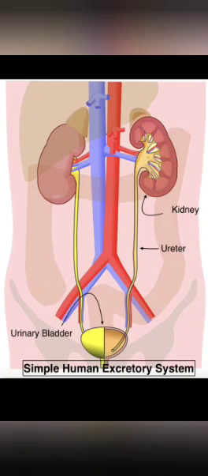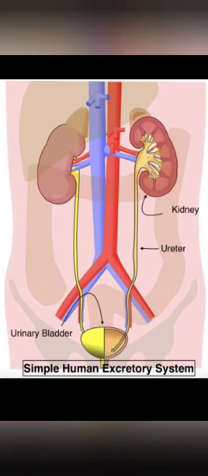Next system is the excretory system. See, because we eat food and take water, a lot of waste material is produced in our body. So our excretory system helps to remove this waste from our bodies. The excretory system is made up of the kidneys, the lungs and the skin. See, we have a pair of kidneys in our body.